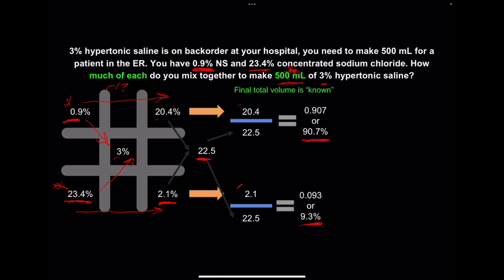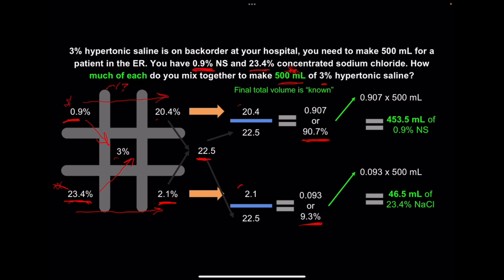So now we just take that percentage and multiply it by the final volume, and we know that 453.5 mL is that 90.7% of 500 mL. Do the same for the bottom.